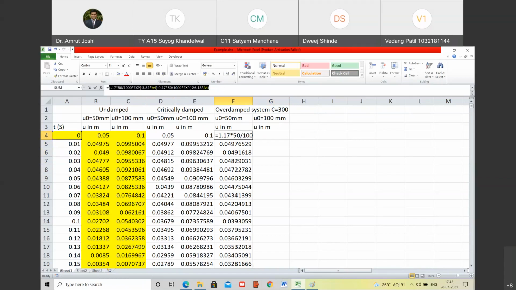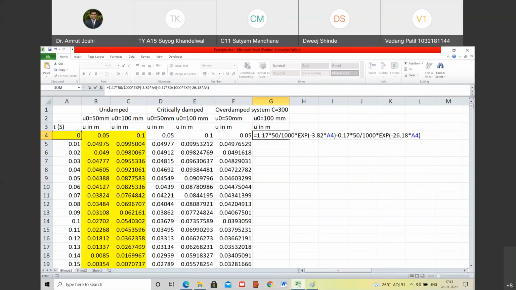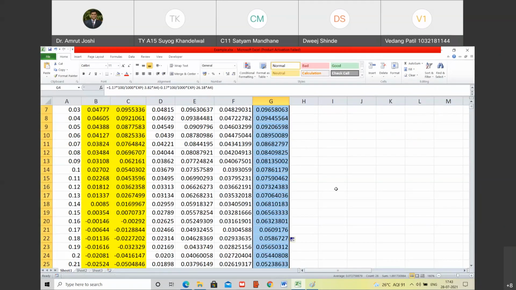Wherever it was 50, I will change it to 100. Do you agree with me? Yes, sir. So the formula remains the same. I have copied the same formula. Wherever it was 50, I'm going to make it 100. Happy? So the system starts from position 0.1, that is 100 mm. Happy?